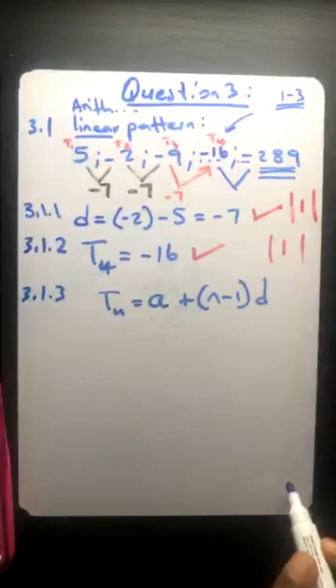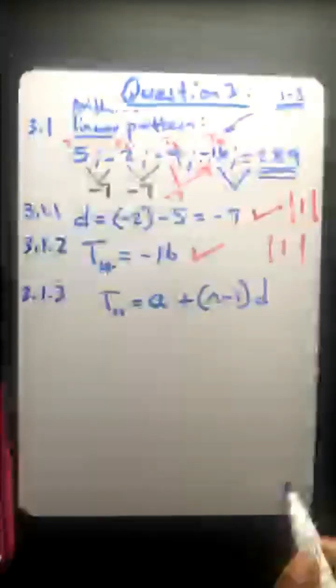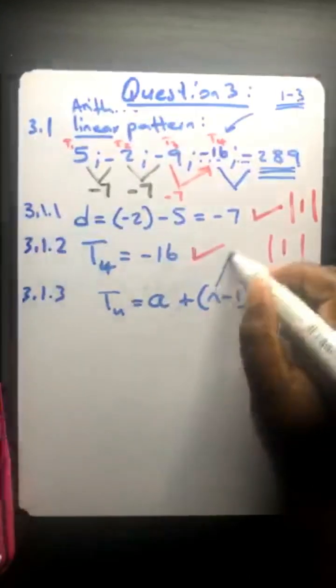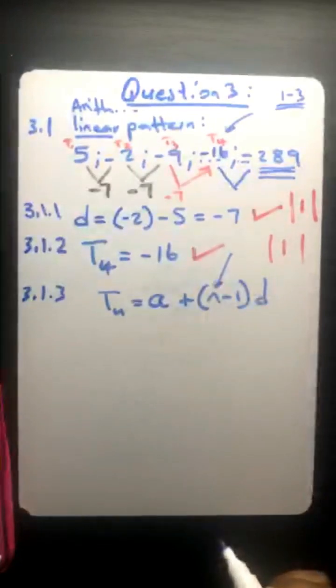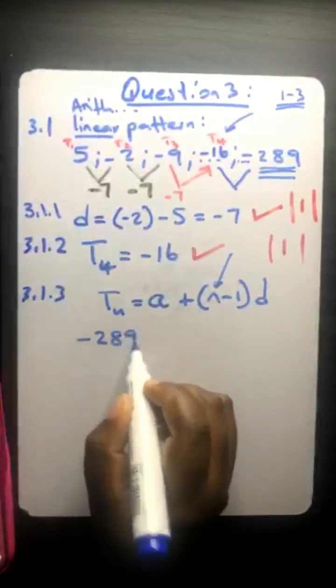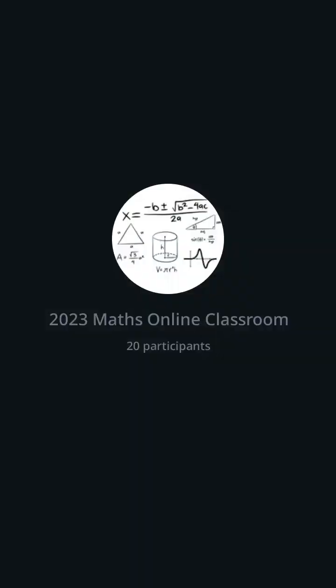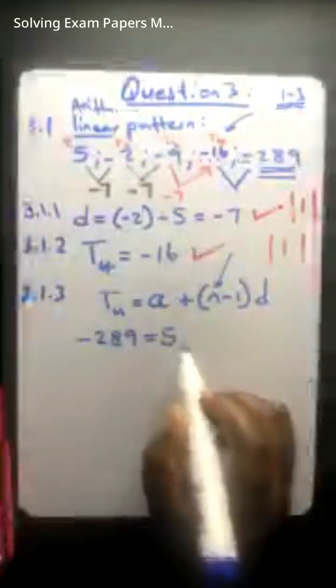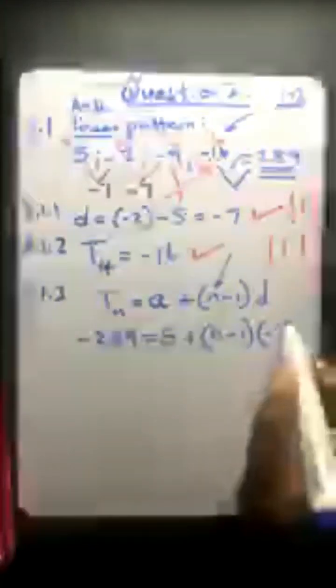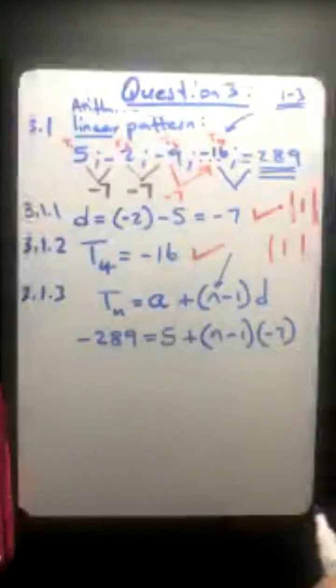The question said calculate the number of terms in the pattern, so the number is that n. That's what they want you to calculate, whereby the last number is negative 289. On that pattern, our a value, being term number 1, is equal to 5, plus n is what we want to calculate, whereby the difference is negative 7.